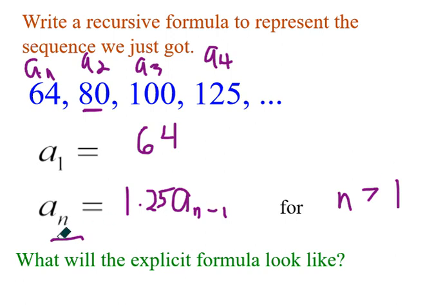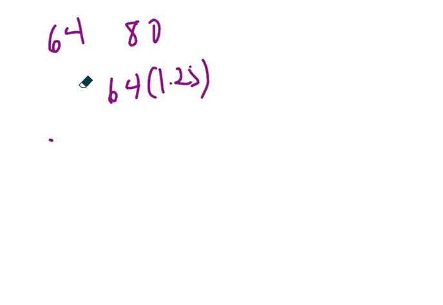We can think about ways to write these things out. So I had 64, and then this number right here, the 80, was 64 times 1.25. This was my A1. This was my A2.